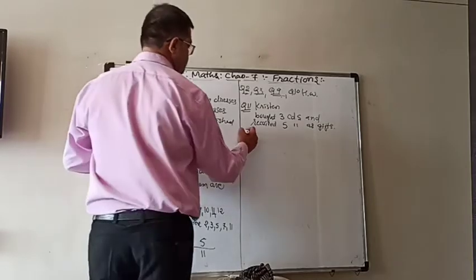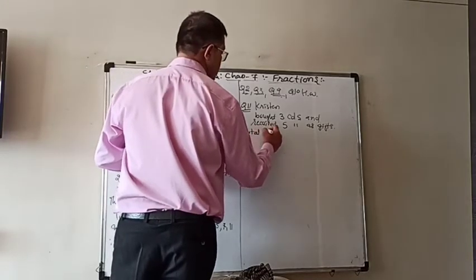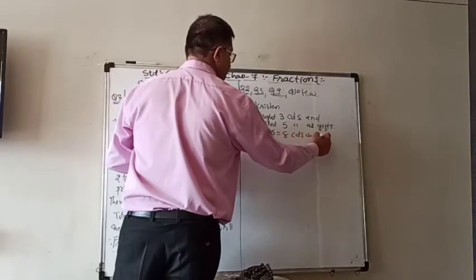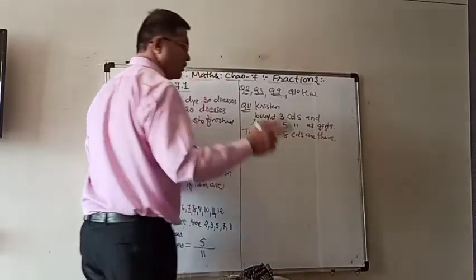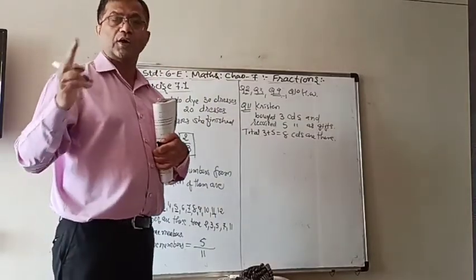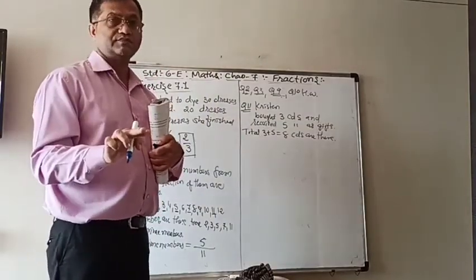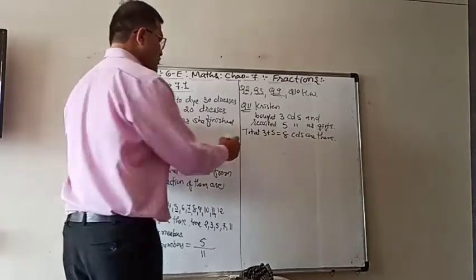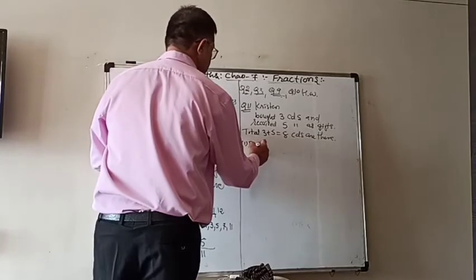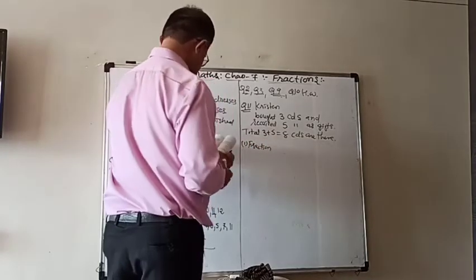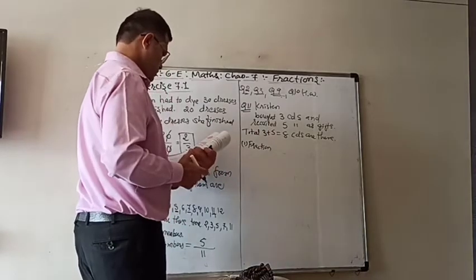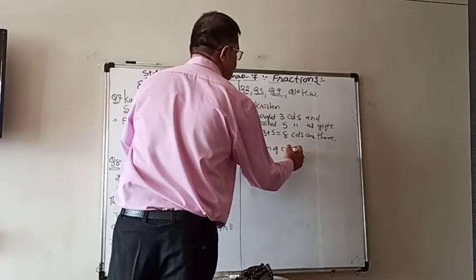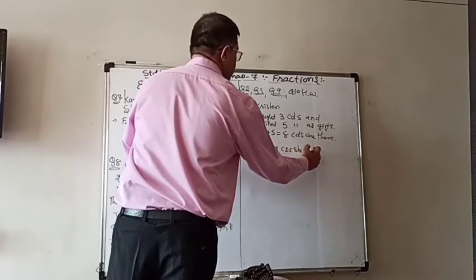So now there are total 3 plus 5 is equal to 8 CDs. So now we have to find both the fractions of the total that she bought and she got as gift. Right? So first, the fraction of CDs she bought.